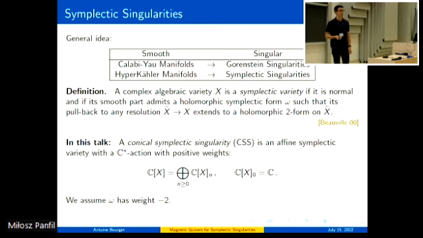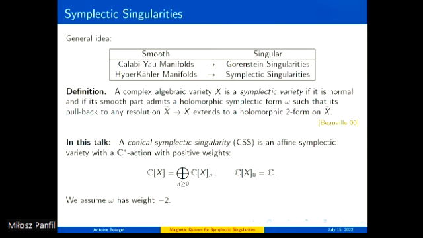The formal definition was given by Beauville about 2 decades ago and goes as follows. So if you take a complex algebraic variety X, then it's a symplectic variety if it's normal, and if its smooth part has a symplectic form, which can be extended to a holomorphic 2 form on any resolution of that variety. So this is a very general definition.